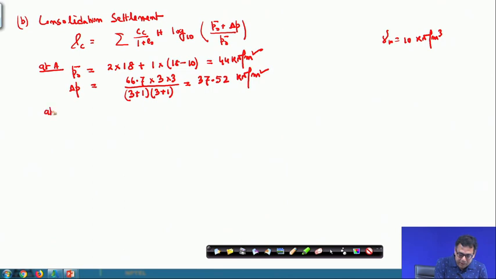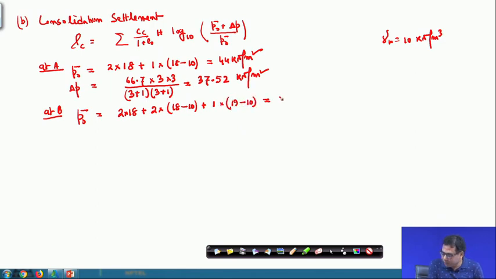Similarly, at B, your P0 bar is equal to 2 into 18 plus 2 into 18 minus 10 plus 1 into 19 minus 10.